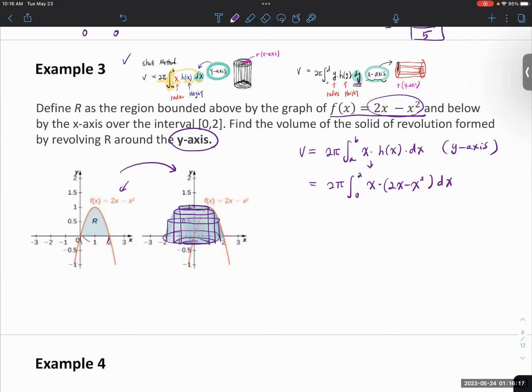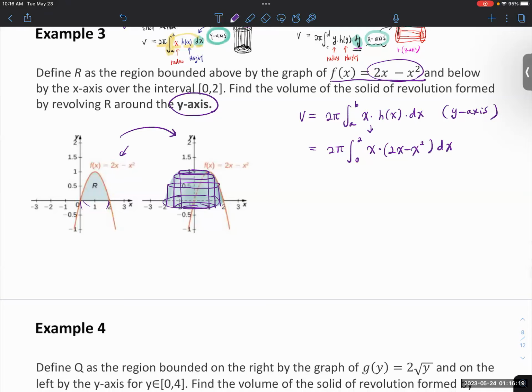So simply you're going to take the integral. Let's quickly do it. 2 pi, 0 to 2, and I'm going to expand it again. dx. 2 pi, and I'm going to take the integral: 2x cubed over 3 minus x to the 4 over 4, from 0 to 2.